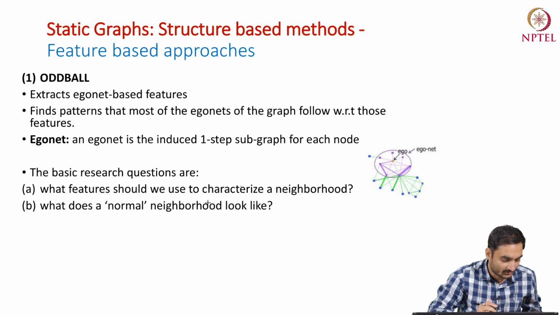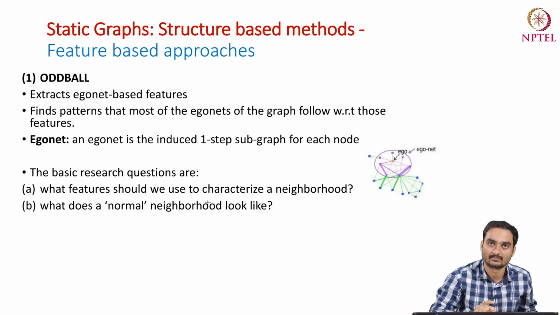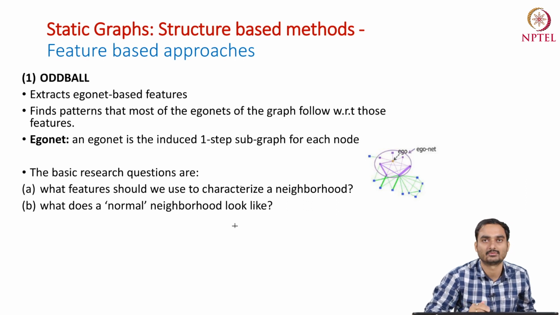According to their paper, they discover several new rules, which we will discuss, in the density, the weights, the ranks and the eigenvalues that seem to govern the so-called neighborhood substructure, which is the egonet, and they also show how to use these rules for anomaly detection.